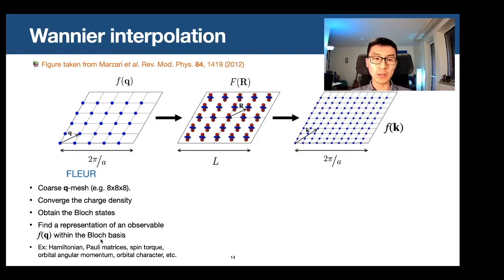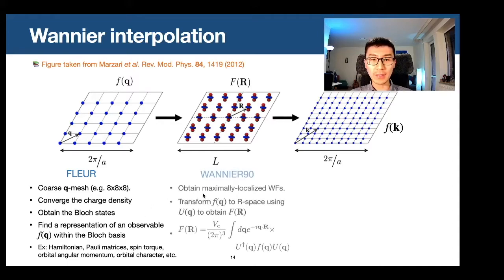An example of the observable includes the Hamiltonian, Pauli matrices, spin torque, orbital and spin operators, orbital characters, and there are many other things also. So what I am currently doing is adding more and more routines so that people can calculate physical quantities from FLEUR, and later on we use it for the Wannier calculation.